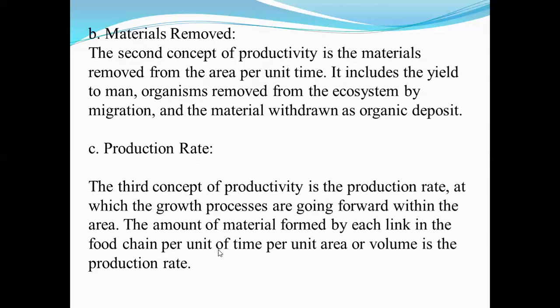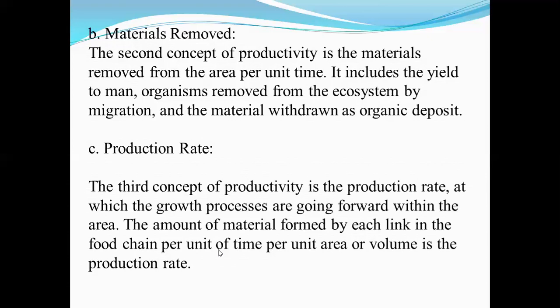So at the base of the food pyramid or at the starting point of the food chain, whatever organism is present, that is the producer, the amount of food it is able to produce in that particular area, in that particular time is called the production rate. Some of it it uses for its own purposes, others it will send to the next trophic level.